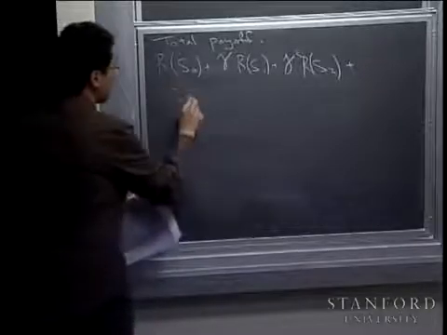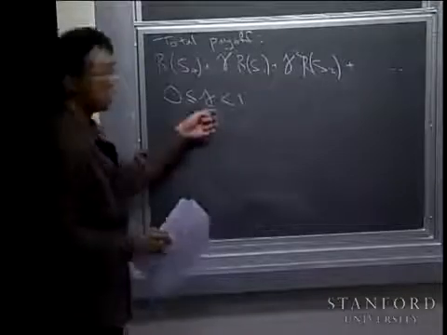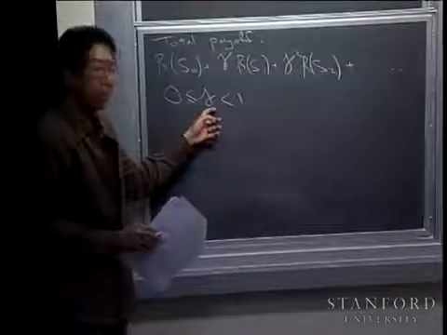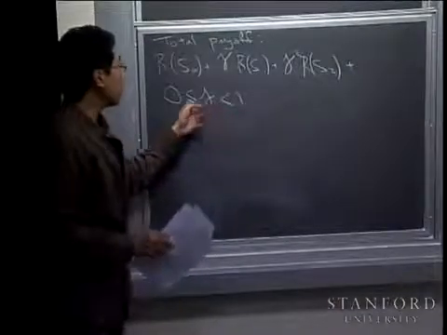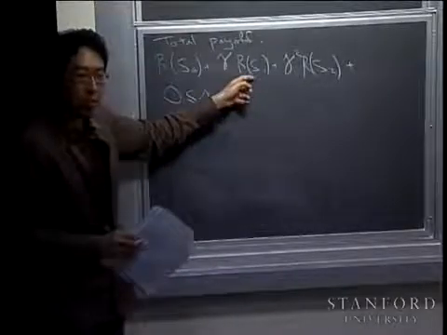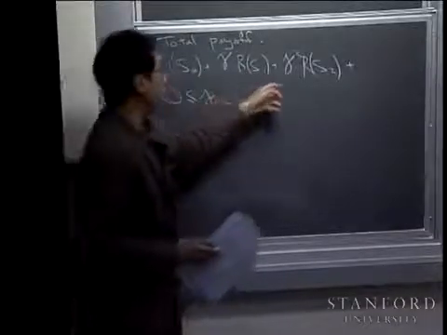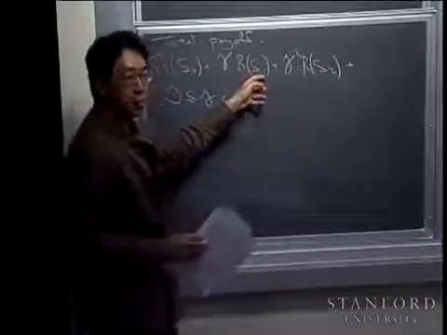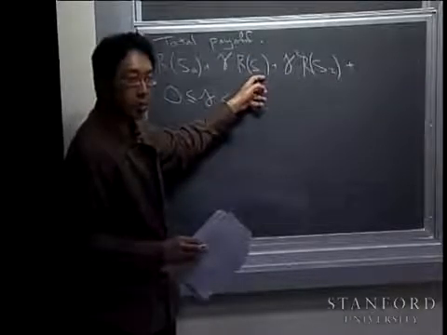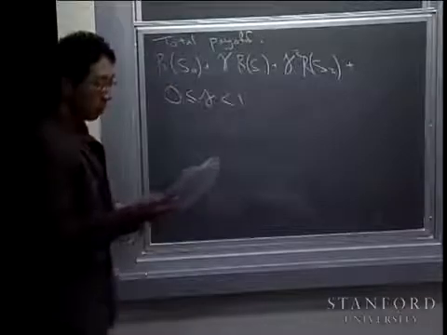You recall that gamma is a number that's strictly less than 1, usually something like 0.99. So the effect of gamma is that the reward you obtain at time 1 is given a slightly smaller weight than the reward you get at time 0. And the reward you get at time 2 is even a little bit smaller than the reward you get at the previous time step, and so on.